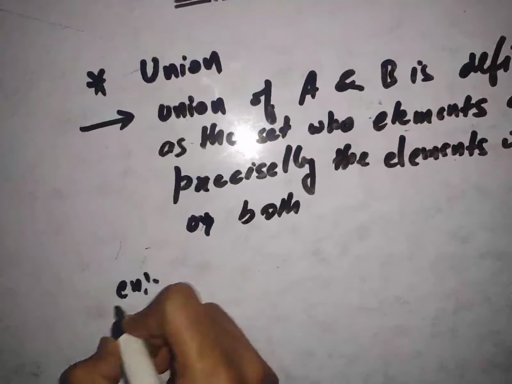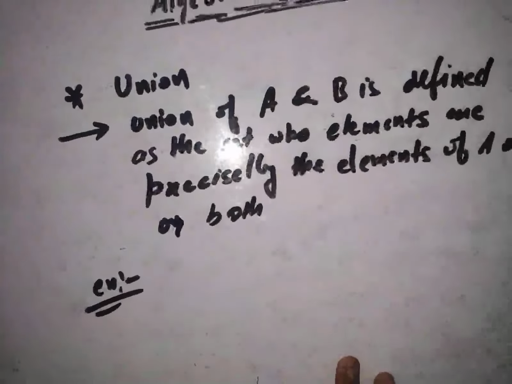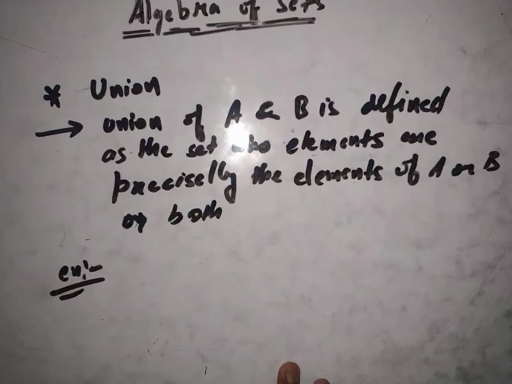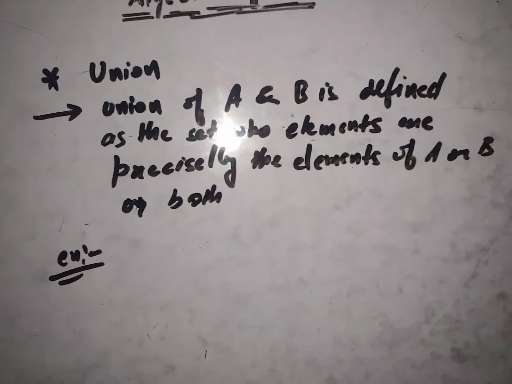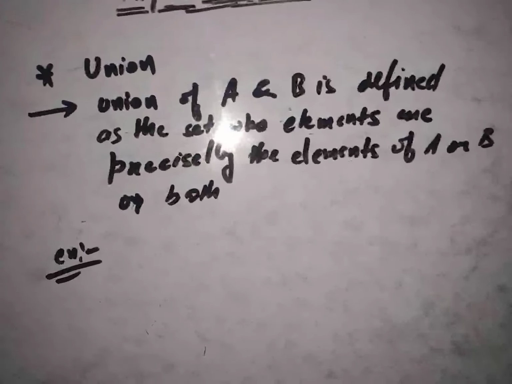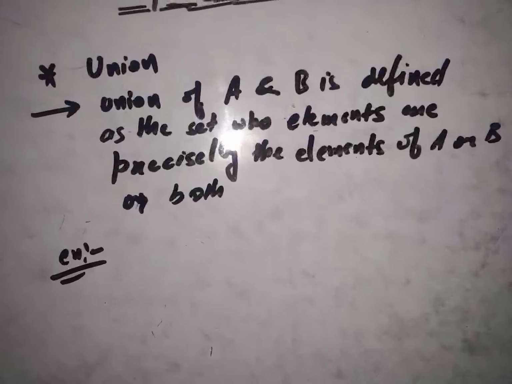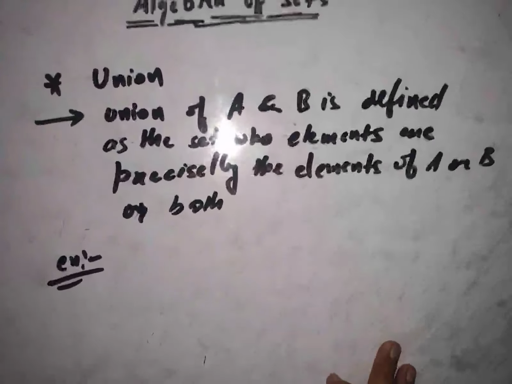So that's how we define union. Let's take an example to understand the definition, because in mathematics definitions are generally very hazy. Examples are simpler to understand than these English statements.